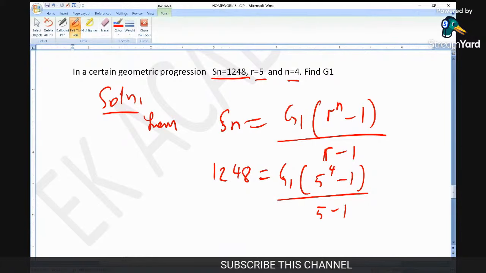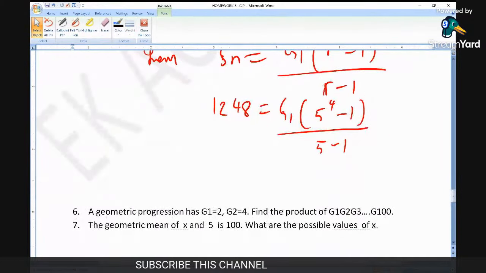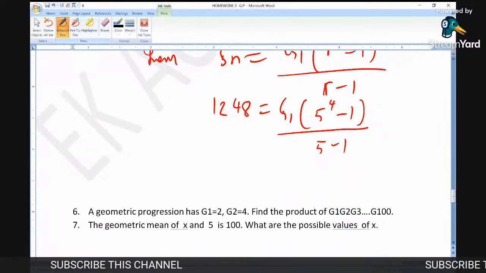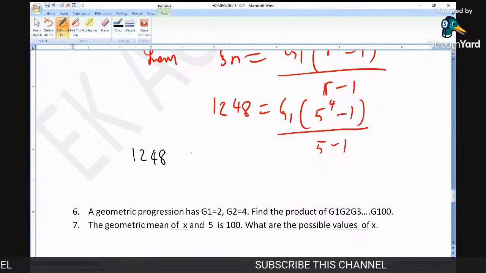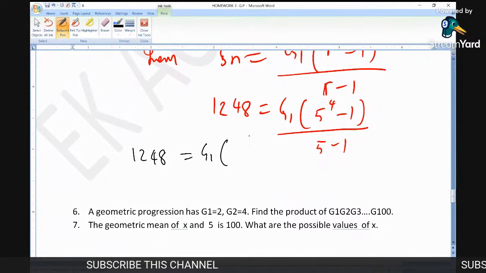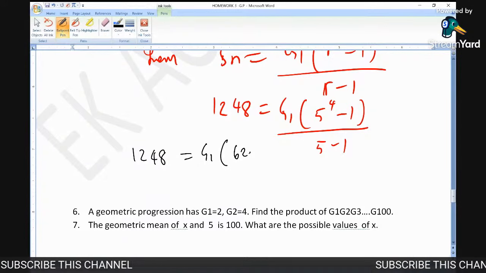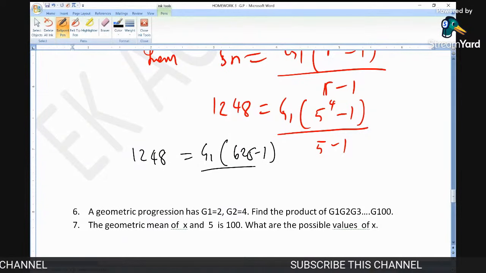So the next step, we are going to say that 1248 equals G1, 5 power 4, it is actually 625 minus 1 over 4.